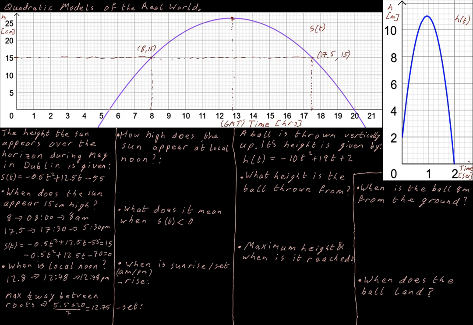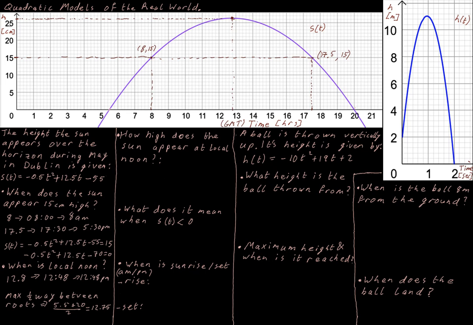Next question, how high does the sun appear at local noon? So at local noon, we are at this point, so we would go across as neatly as we could. And we would be careful again about what units we are counting in on our y-axis. I've gone just slightly above one block beyond 25, and I know each little block here is 1.